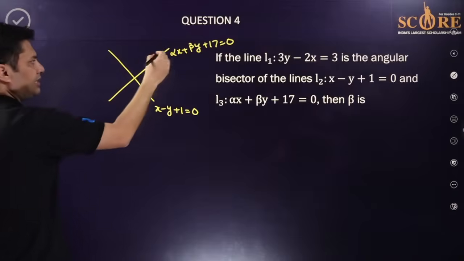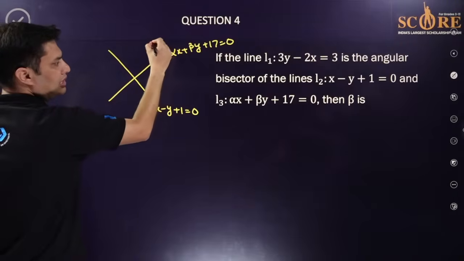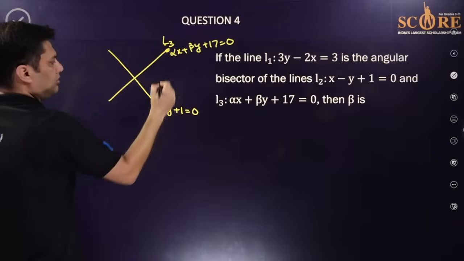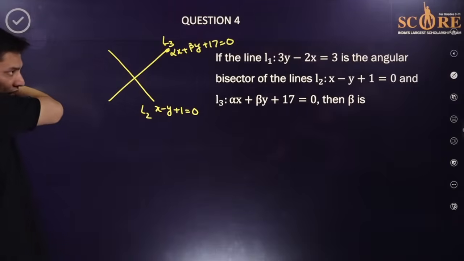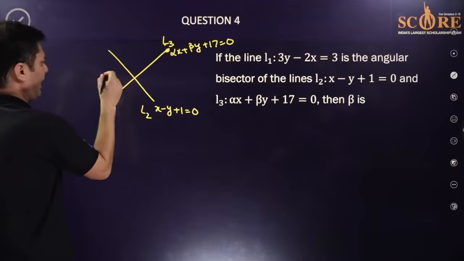So these two lines are given. This is, I think, L3 and this is L2. L1 is the angular bisector. Now it can be any angle bisector, acute angle or obtuse angle, any angle bisector.